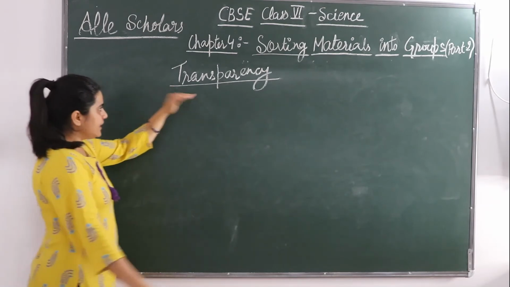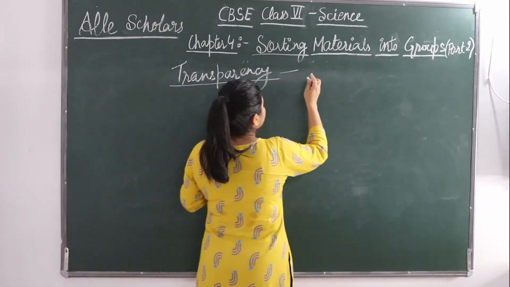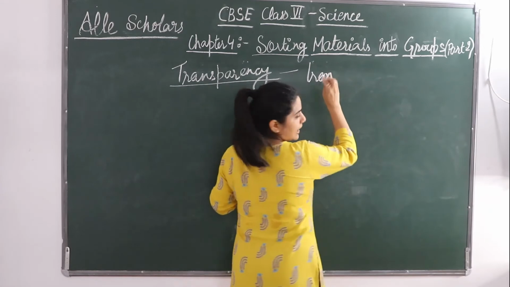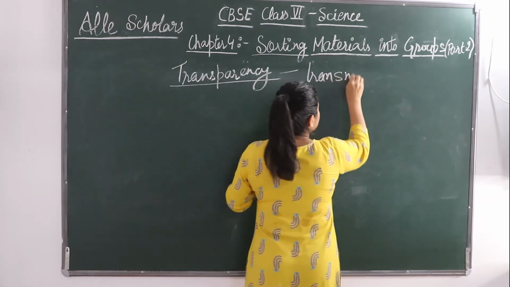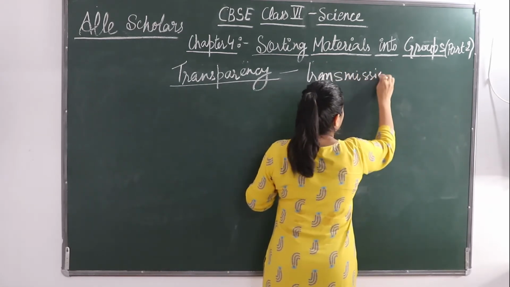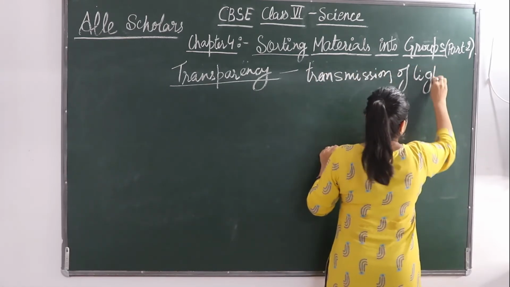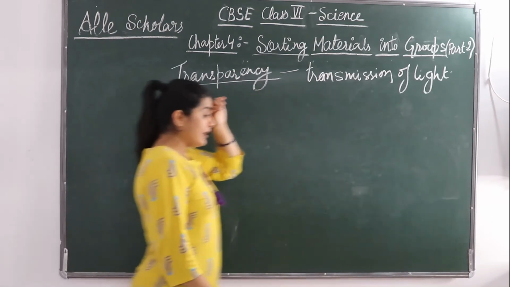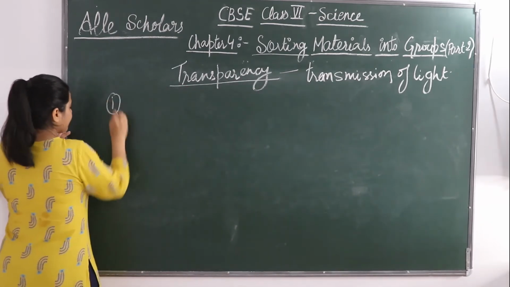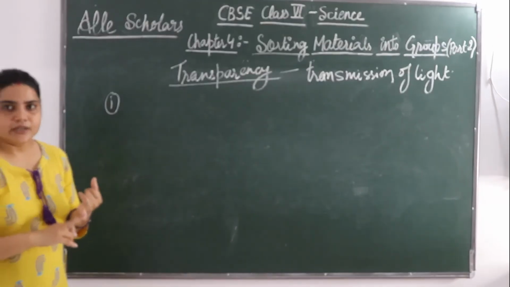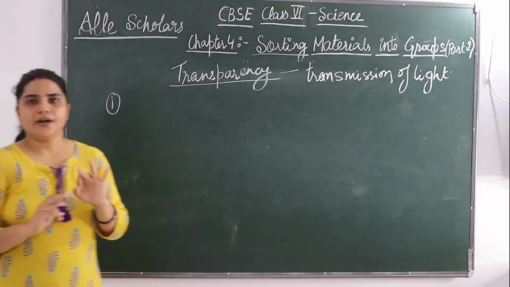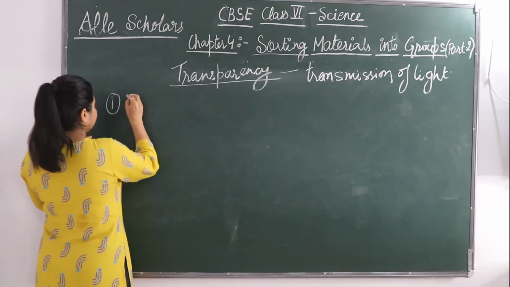What is transparency? Transmission of light. Based on transmission of light, it can be grouped into three categories. Okay, so transparent, opaque and translucent. Three.